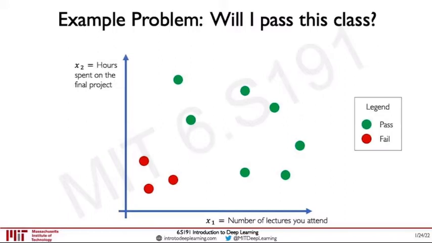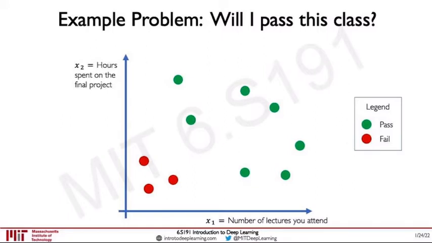As part of the preliminary investigation, we can decide to plot x2 against x1, the hours spent on the final project against the number of lectures you attend. You may want to see the relationship between these two variables. Am I going to spend more hours on my project depending on the number of lectures I attend?